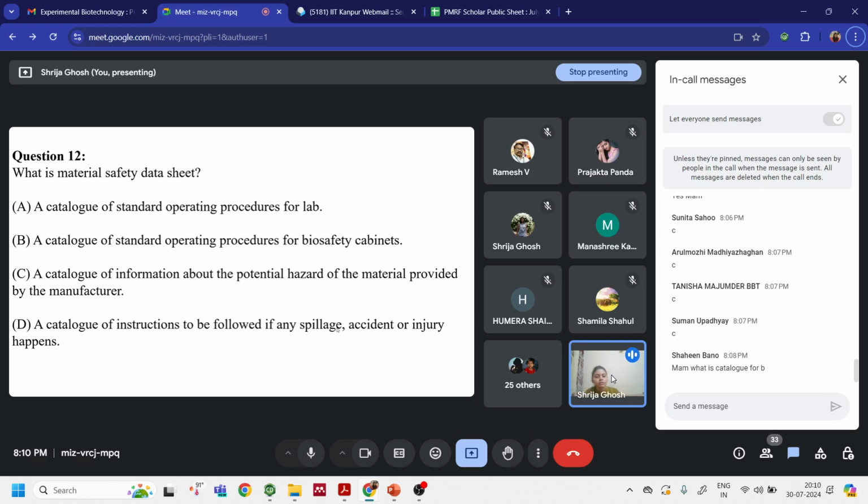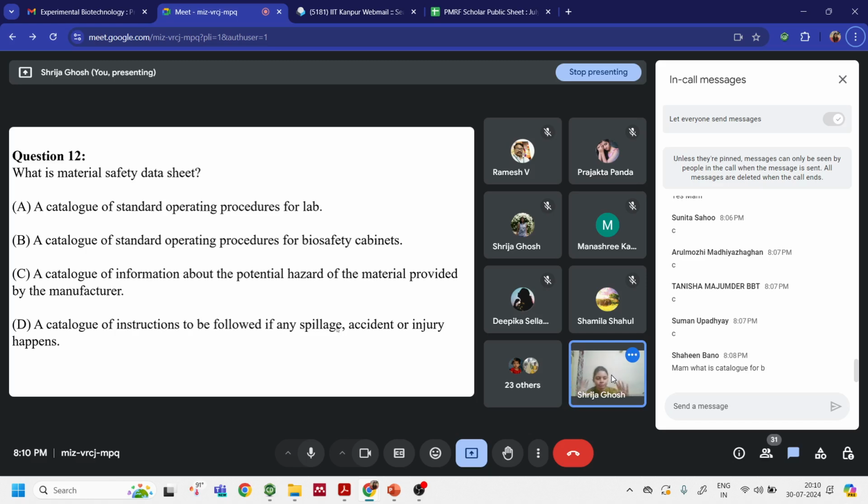Biosafety cabinet is a type of instrument. You remember I told you about different biosafety levels. Based on different biosafety levels, we have different cabinets that are designed. It has laminar airflow and HEPA filters attached to it, so that you can handle organisms based on the biosafety level.